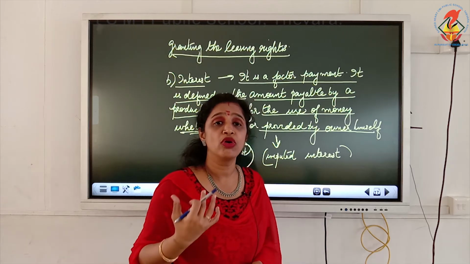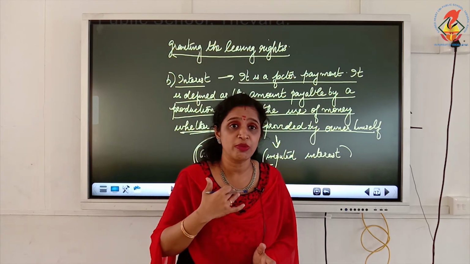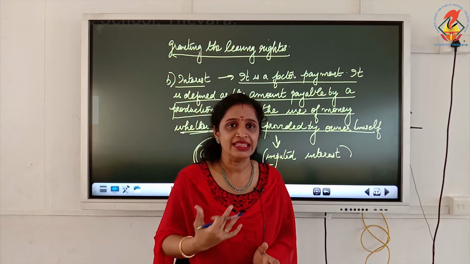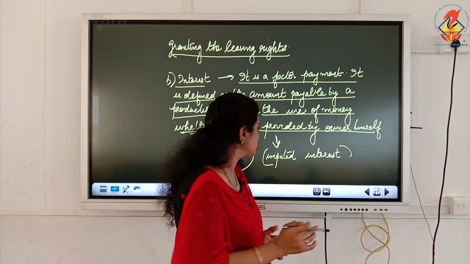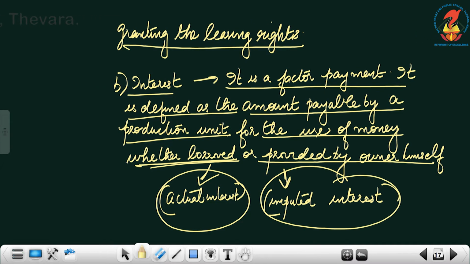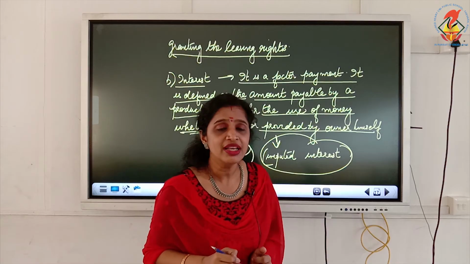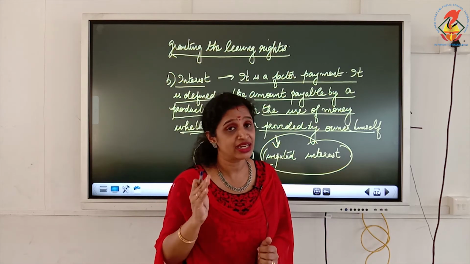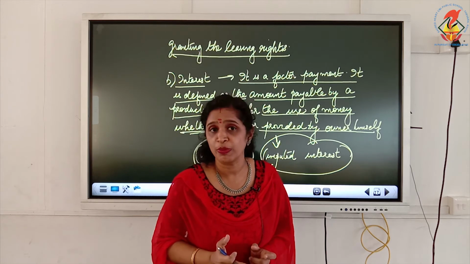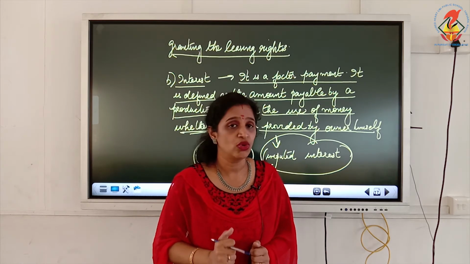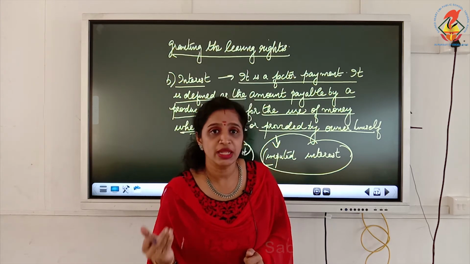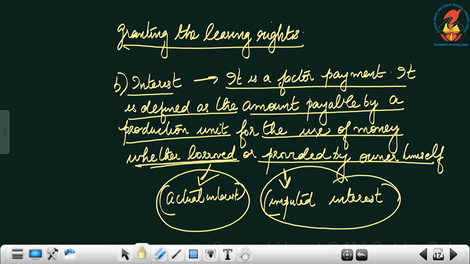Sometimes a certain amount of money we have to sacrifice from our side for paying the interest. That is known as imputed interest. So, actual interest and imputed interest both come under the rate of interest. So, interest is the second component of operating surplus. It is an amount payable for the money borrowed. It consists of actual interest and imputed interest.